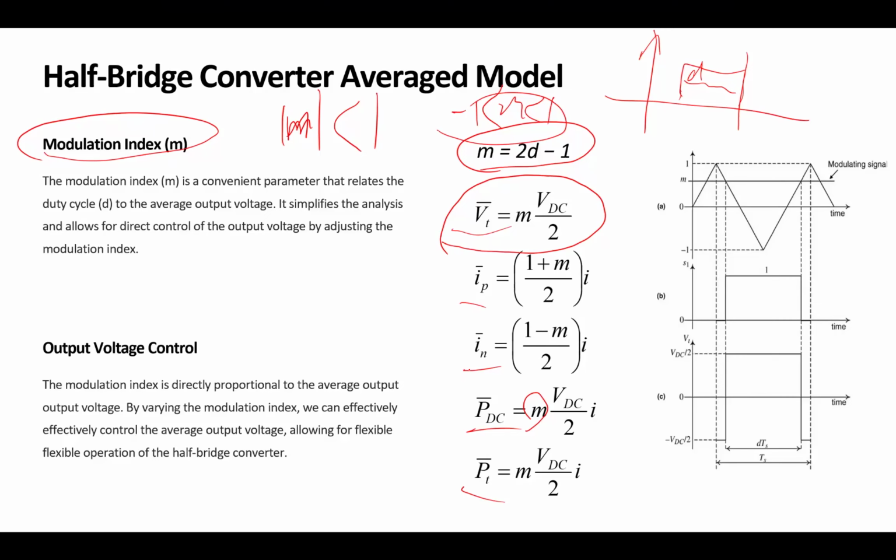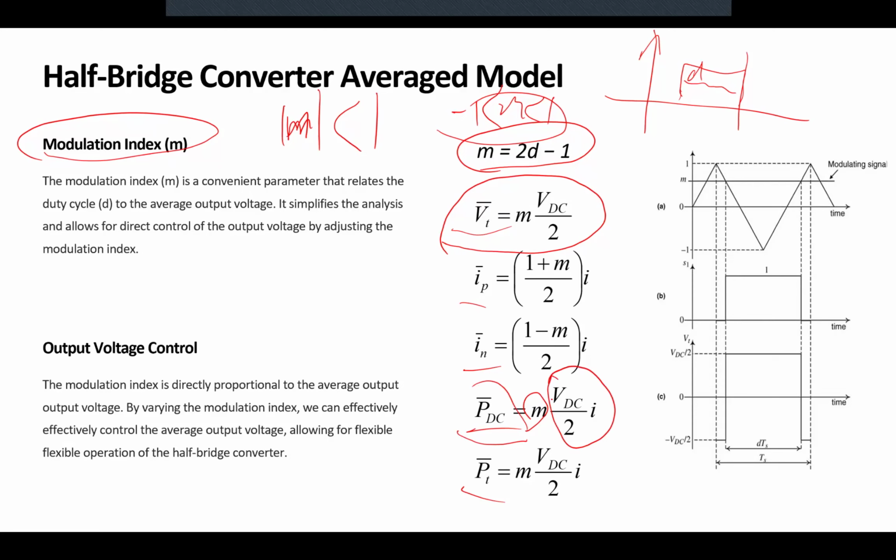The efficiency: what is the power in the batteries? It is VDC times I, right? So this PDC is not the PDC of the supply. This is the DC power in the inverter, not the DC power in the supply.